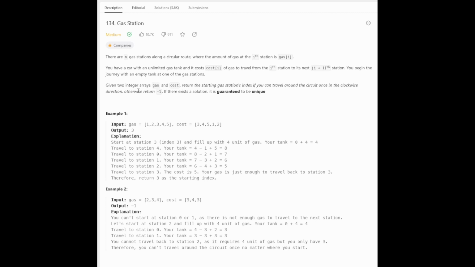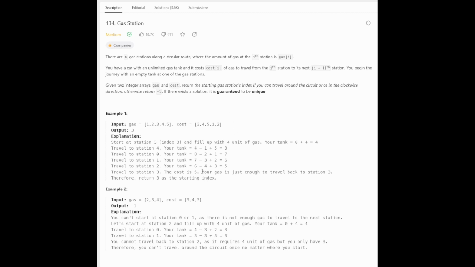At index 1, the second position, that tells us how much gas is at that gas station. At index 2, or the third gas station on our circular road trip, gas[2] will tell us how much gas is at that third gas station, and so on.